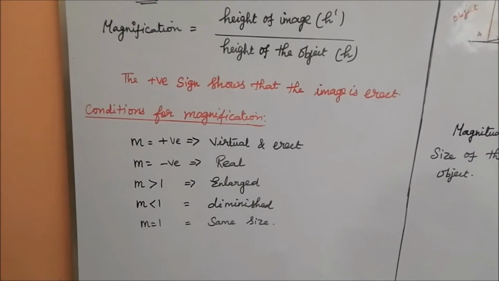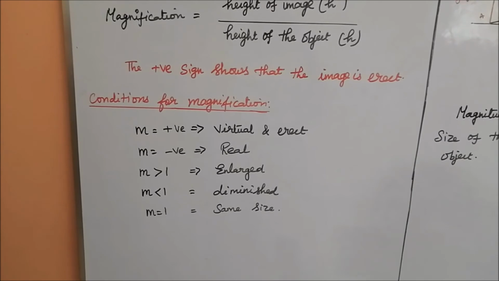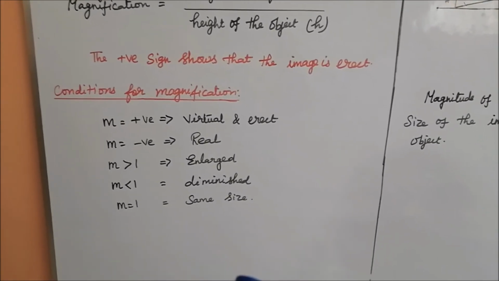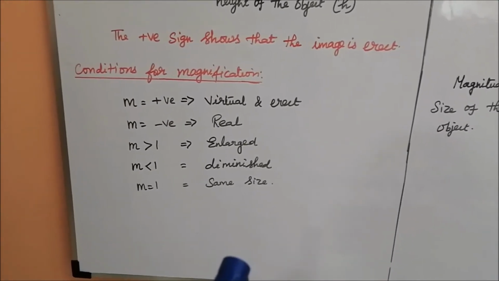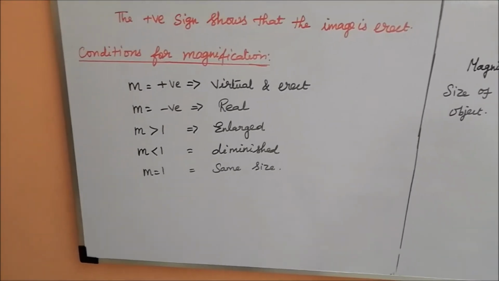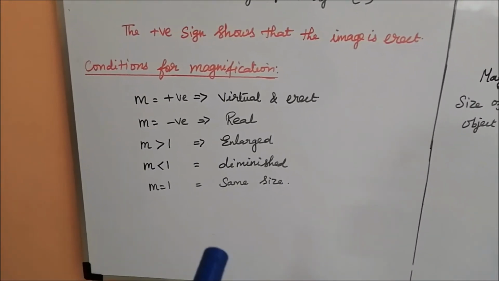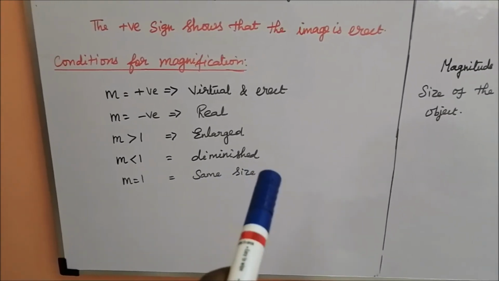Okay, now we see the conditions for the magnification. For the magnification to be positive, the image should be virtual and erect. If the magnification is negative, then the image should be real. If the magnification is greater than 1, the image is enlarged, and if it is less than 1, the image is diminished.